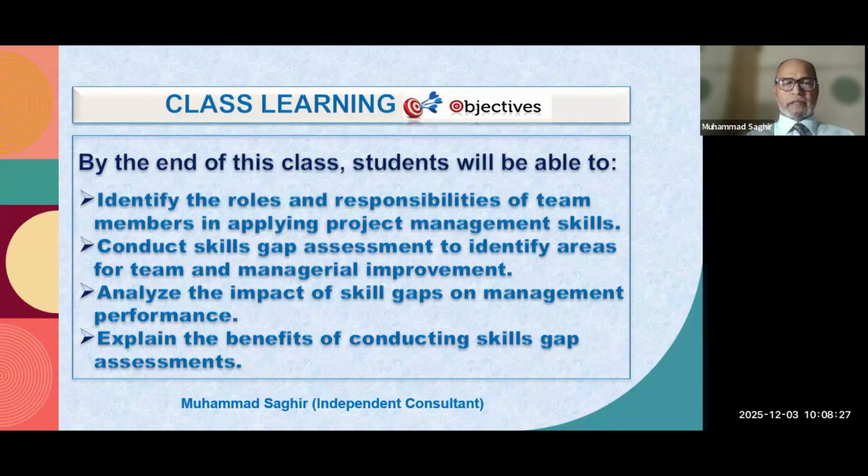And we will also discuss, and we would be able to explain by the end of this class, the benefits of conducting skill gap assessments. What are the benefits when we conduct skills gap assessments.